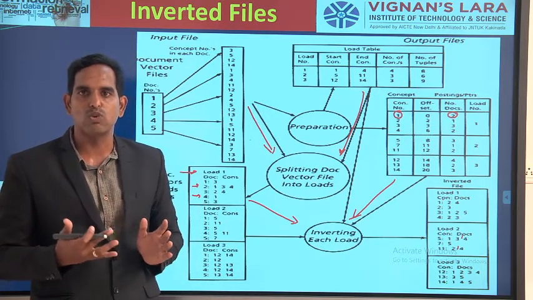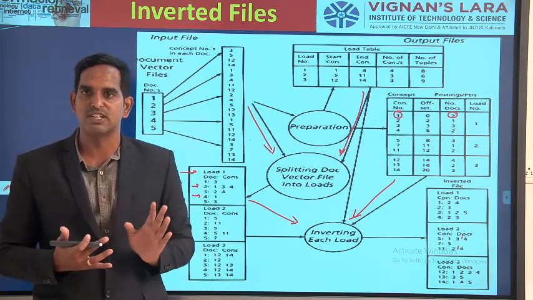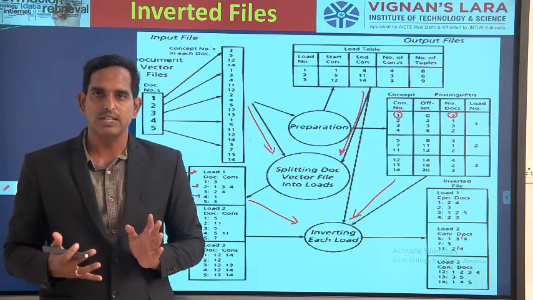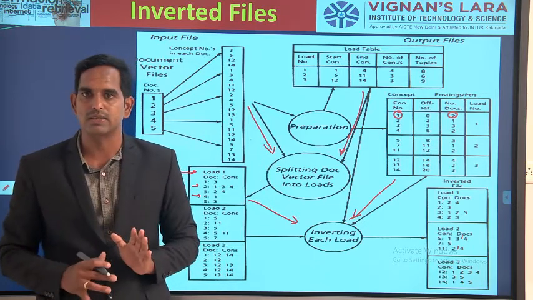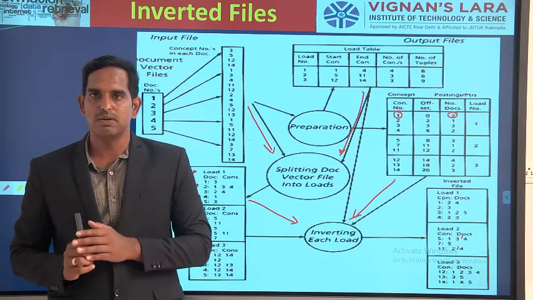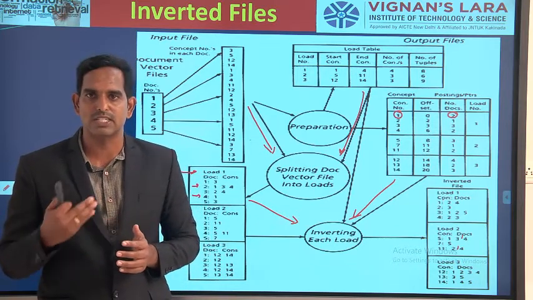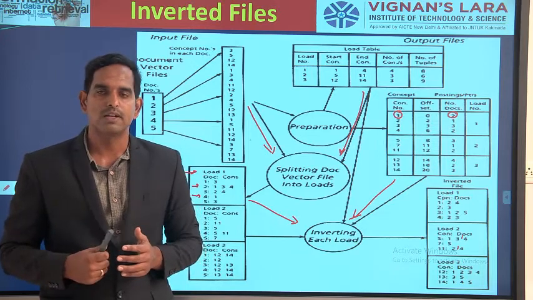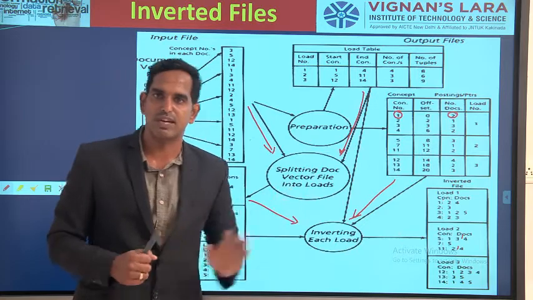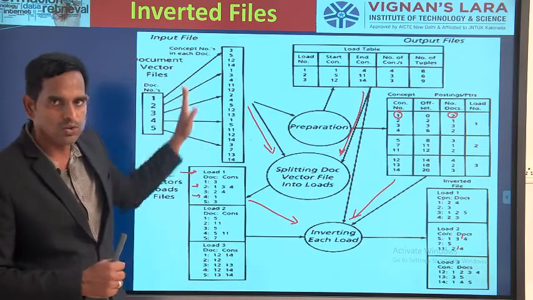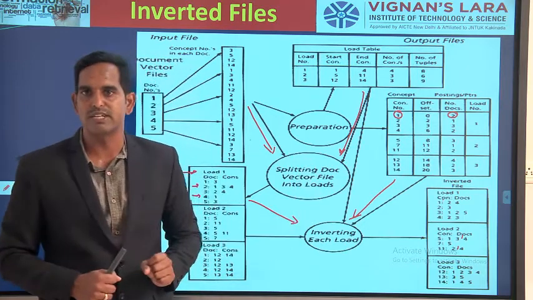In this manner, we will create your complete inverted file by using the fast inversion algorithm. As you can see, you are not using any sorting algorithm here. As you remember, while creating an index by using sorting, you waste a lot of time and memory. But here you are not using any sorting algorithm to create the file. You just make a pass through the complete file to create the inverted index.